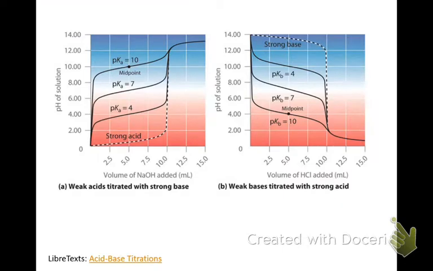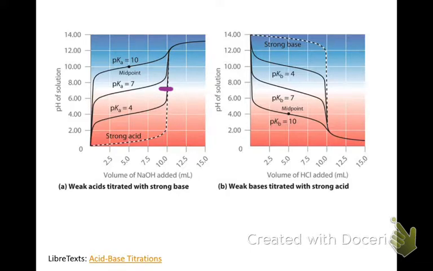We can see that for different acids or bases, we can see how the titration curve changes with the different pKa's. And we can also look at how the pH at the equivalence point changes. So for a strong acid and a strong base titration, the pH at the equivalence point is always 7, because when they exactly neutralize each other, we always get neutral water.